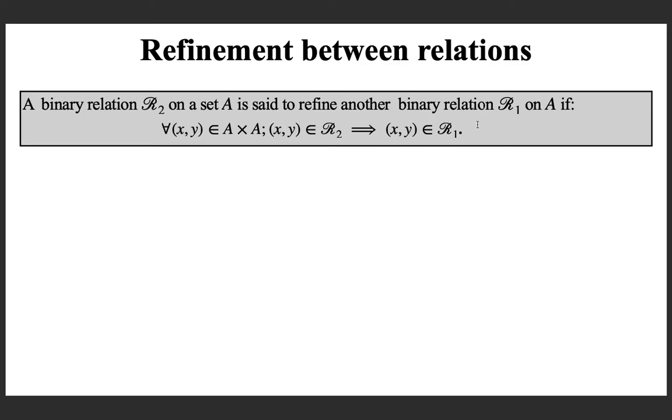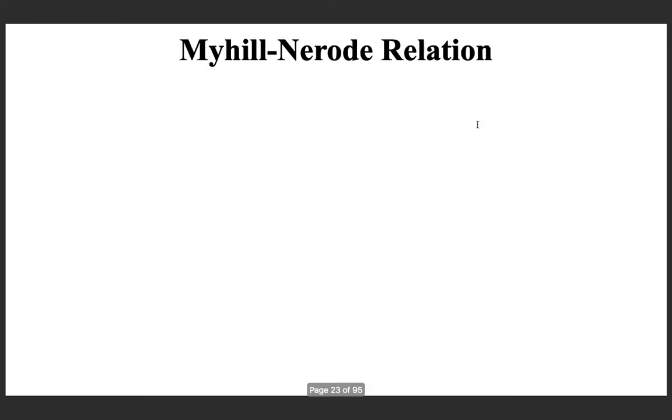If R2 and R1 satisfy this property, then you can say that R2 refines R1. So that is the definition of refinement between relations. And recall that if R2 and R1 are equivalence relations and R2 refines R1, then the number of equivalence classes induced by R2 will be more than the number of equivalence classes induced by R1.